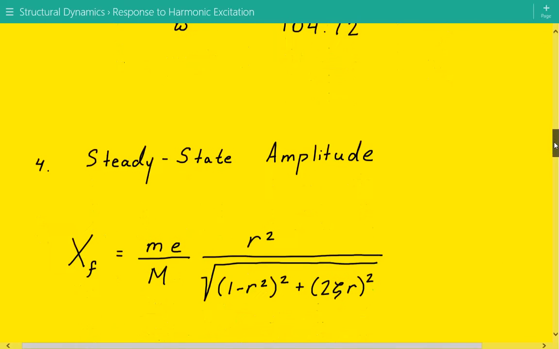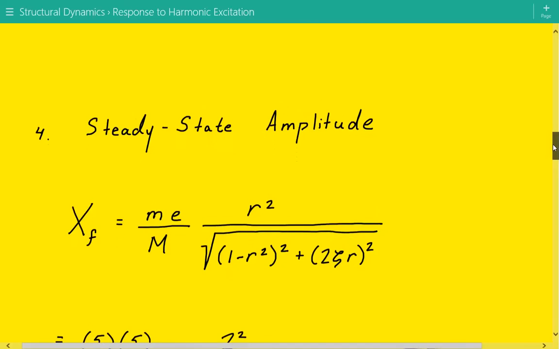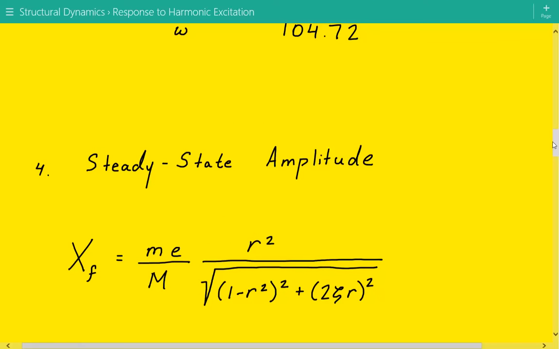And now we can calculate the steady state amplitude. And this is a formula for the steady state amplitude when you have some type of rotating unbalance. And so the formula is equal to the unbalanced mass, small m, times eccentricity E divided by the total mass of the system, times r squared divided by the square root of (1 minus r squared) squared plus (2 times zeta times r) squared.